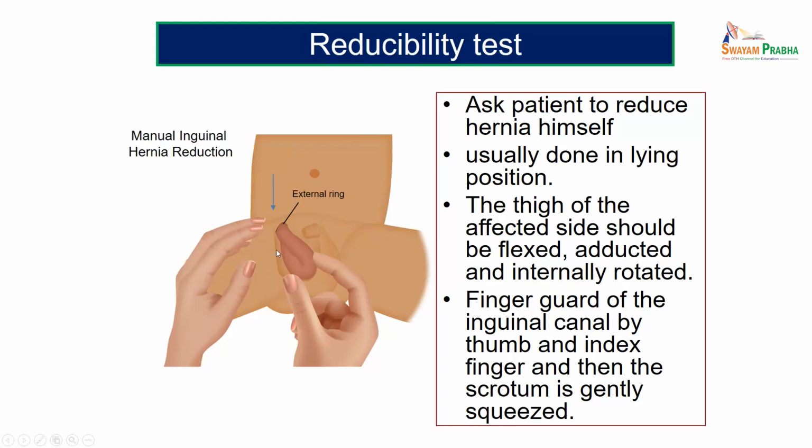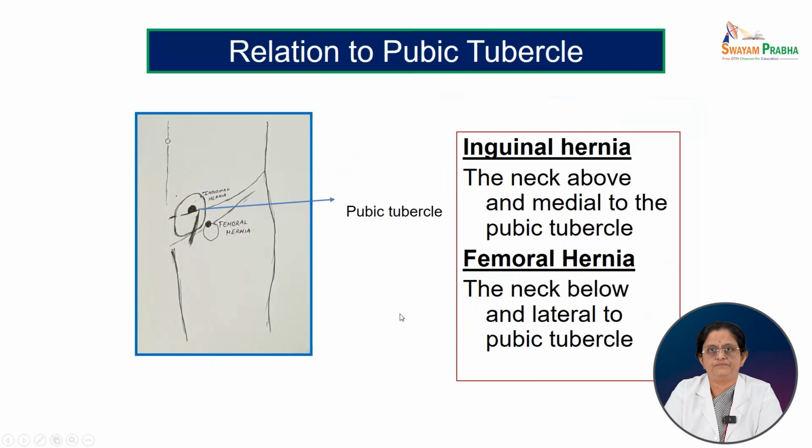The fingers should guard the inguinal canal with thumb and index finger, and the scrotum is squeezed gently so that the contents can be pushed into the inguinal canal. That is manual inguinal hernia reduction, called the reducibility test, which is seen in inguinal hernia. The most important thing is the relation to the pubic tubercle.